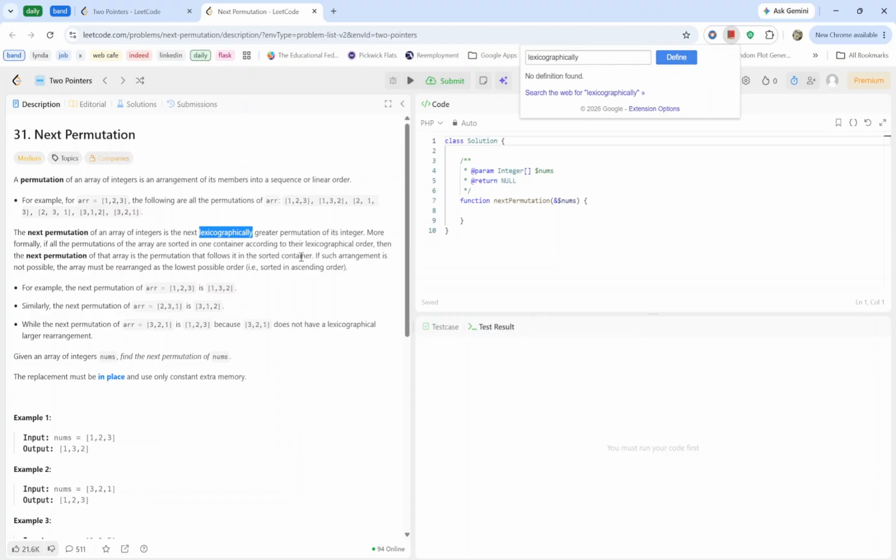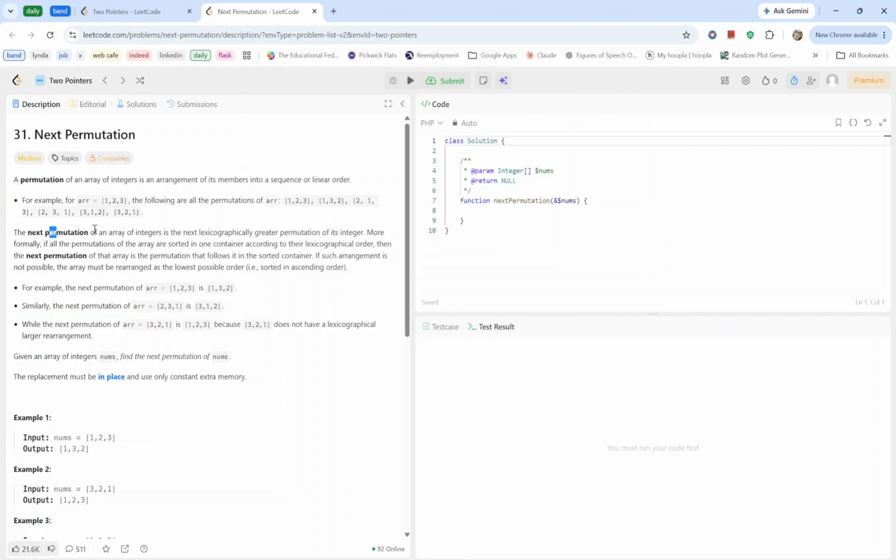More formally, if all permutations of the array are sorted in one container according to their lexicographical order, then the next permutation of that array is the permutation that follows it in the sorted container. If such arrangement is not possible, the array must be rearranged as the lowest possible order, sorted in ascending order.